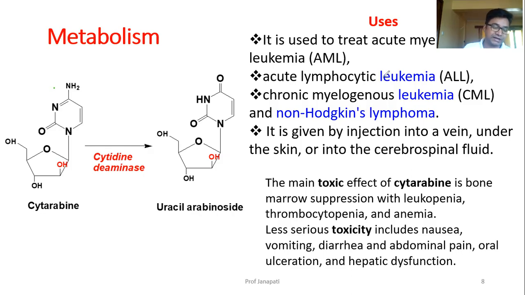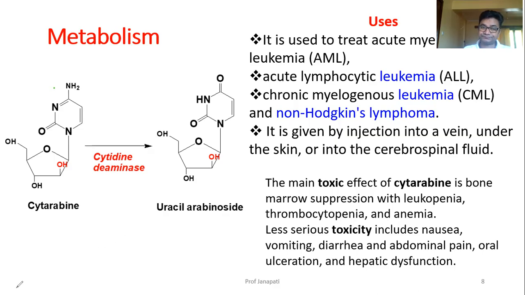Cytarabine or Ara-C is a very good drug in the treatment of leukemias: acute myeloid leukemia, acute lymphatic leukemia, chronic myelogenous leukemia, and non-Hodgkin's disease. Importantly, these drugs produce leukopenia and anemia. These are the side effects.